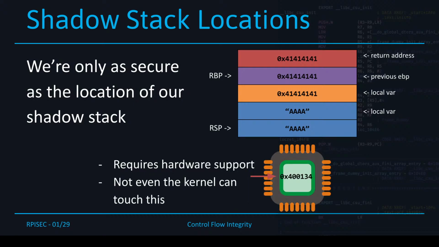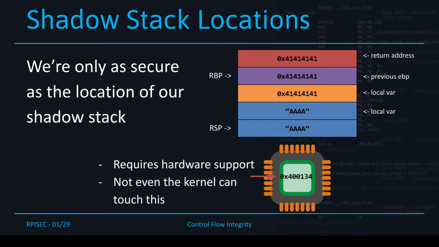And so what's actually being used in CET, this newer implementation of a shadow stack, is built-in hardware support. Instead of writing this shadow stack into regular process memory, they're actually writing it in a special memory segment that not even the kernel can access.